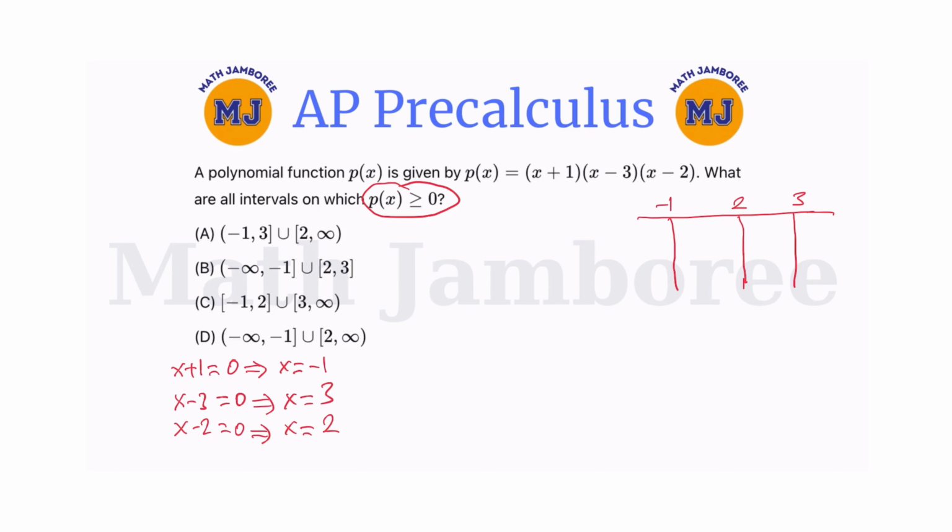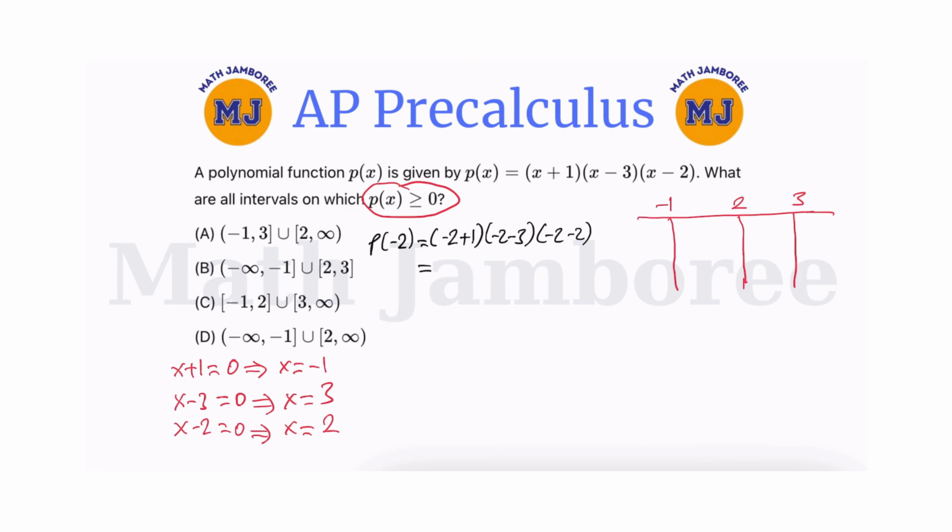Let's start, from left to right, with between negative infinity and negative 1. We can pick any number less than negative 1, so we can go with negative 2. Then p of negative 2 equals negative 2 plus 1, negative 2 minus 3, and negative 2 minus 2.